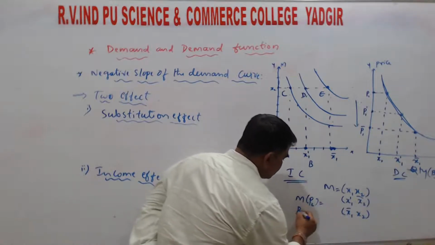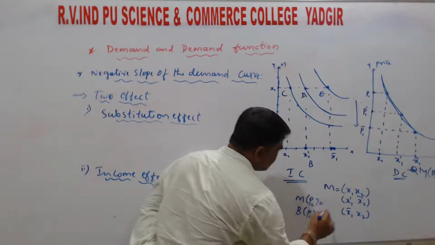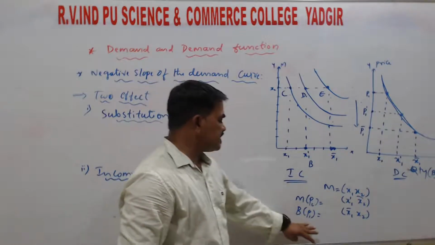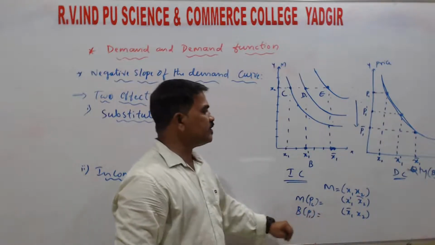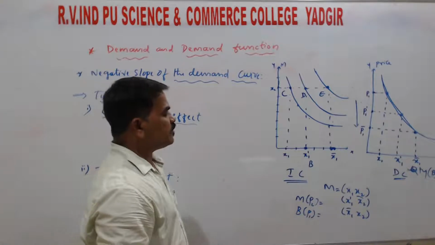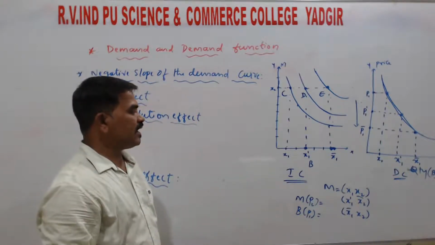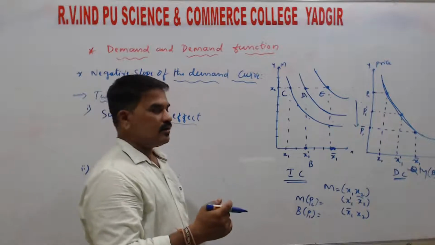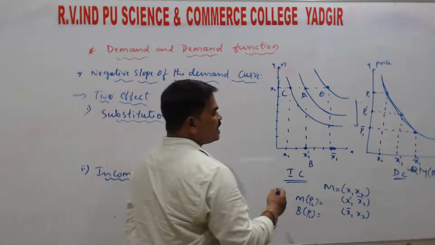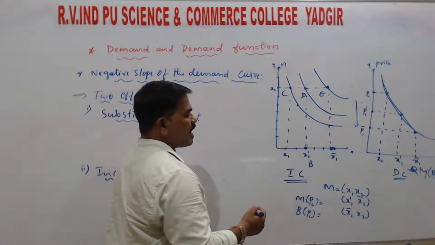There is a change in the banana price. When the banana price is reducing, what will the consumer do? He will substitute bananas for mangoes. He will buy more of the bananas.